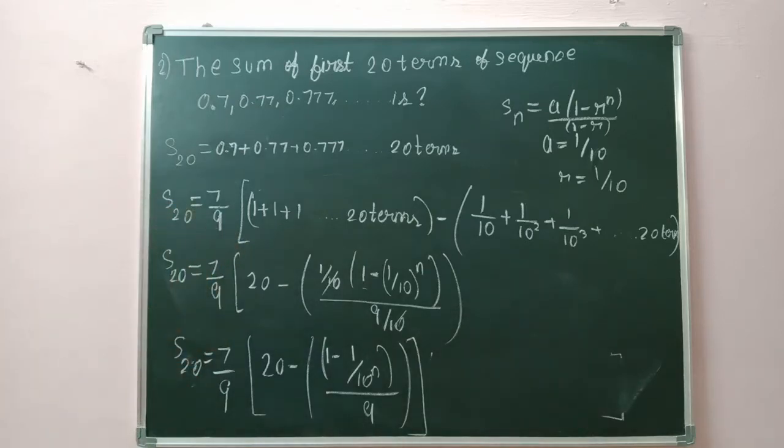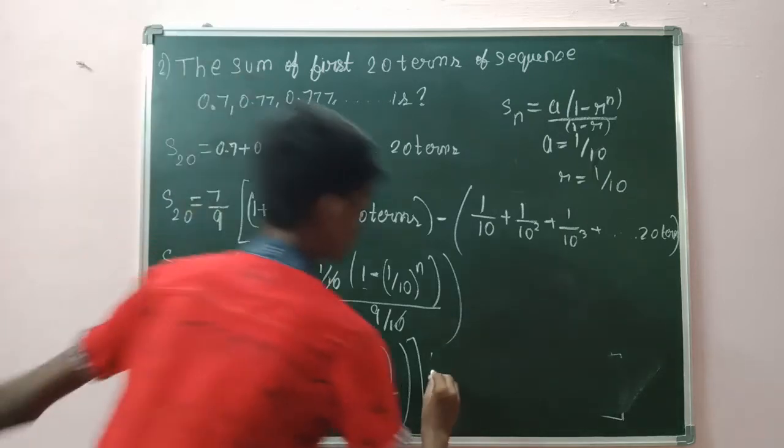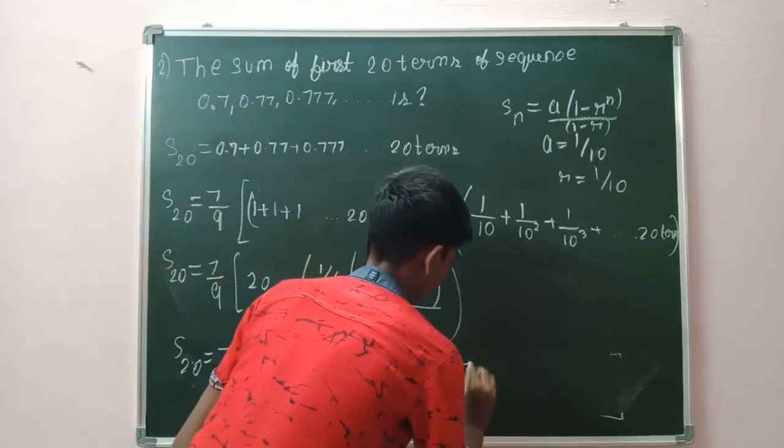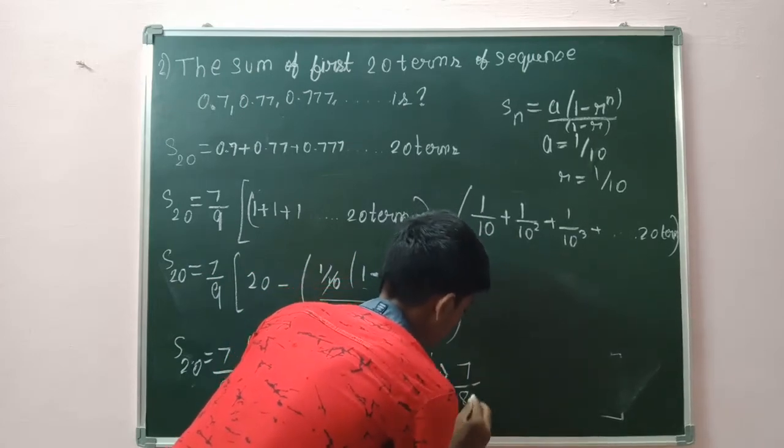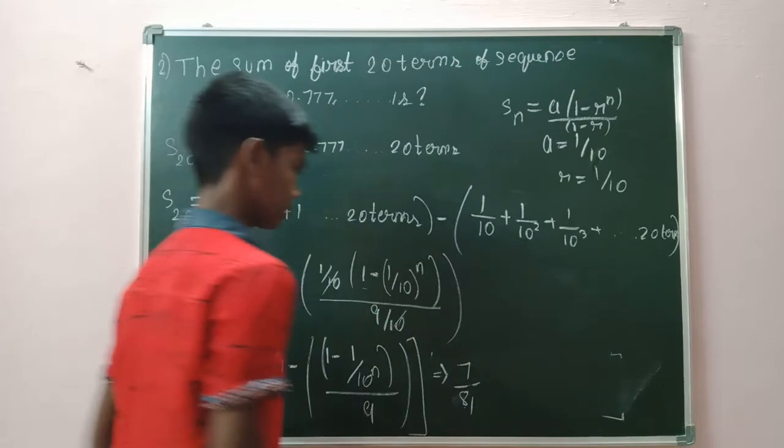So now when you just solve it up, I think the final answer will be 7 by 81 when you take the 9 outside, because 9 into 9 is 81. I will write again.